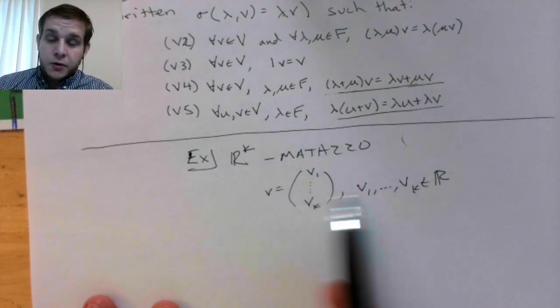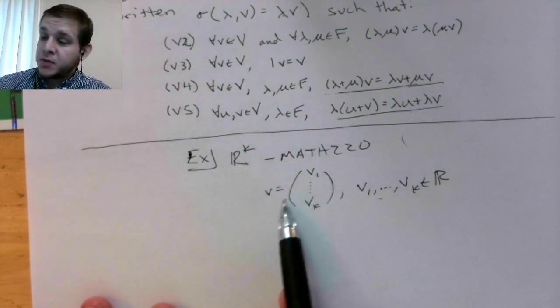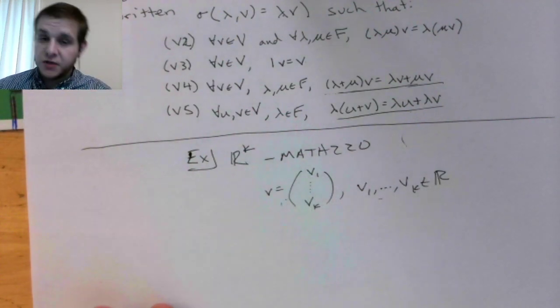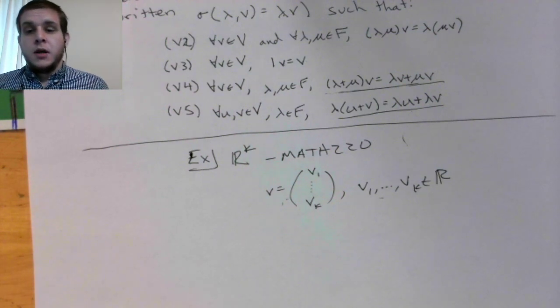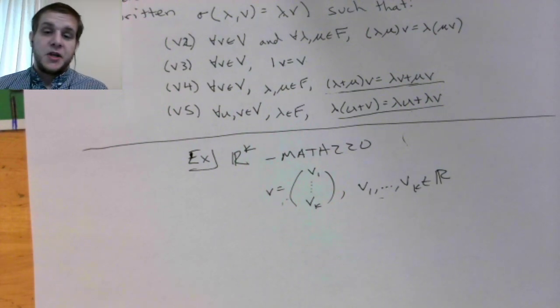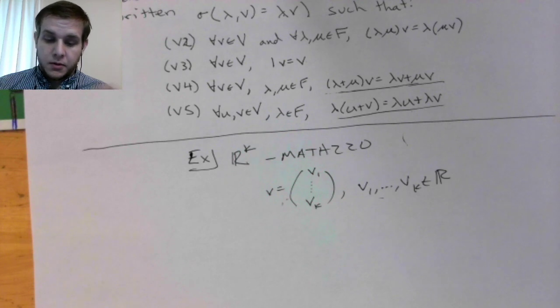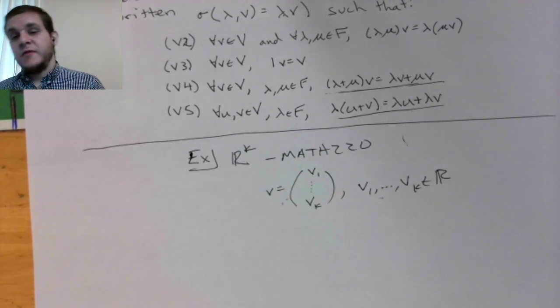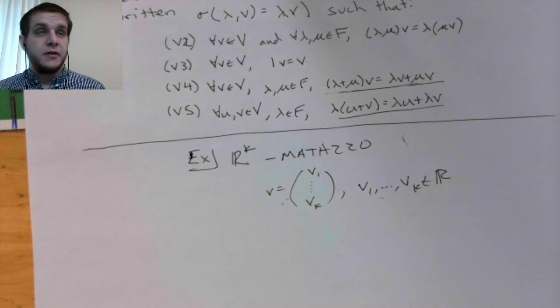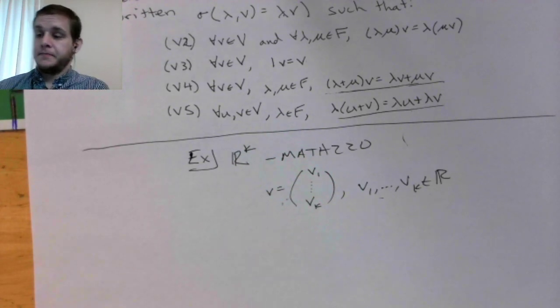And then I just add coordinate-wise. When I multiply, I distribute the scalar into each of the coordinates. It's a very important vector space to get familiar with and prove things about.